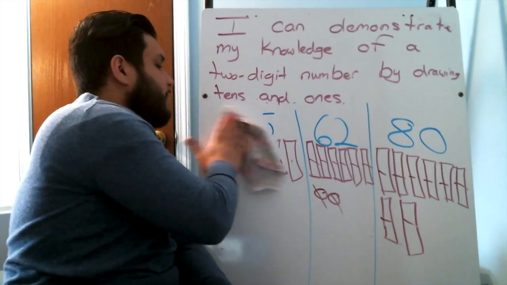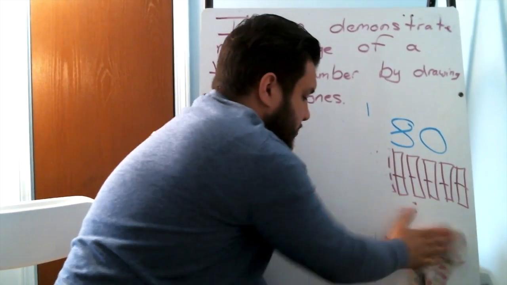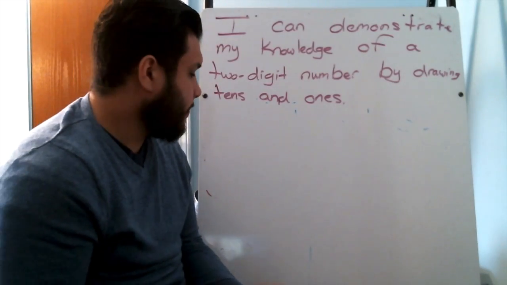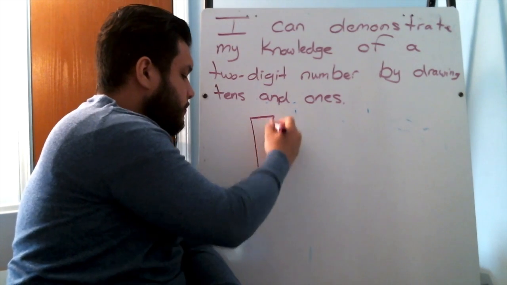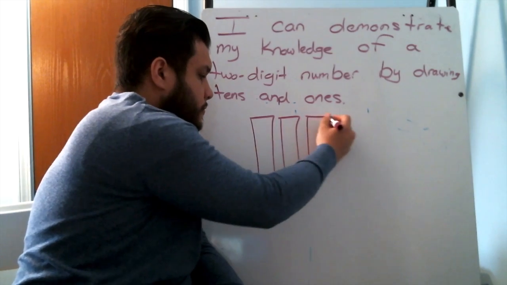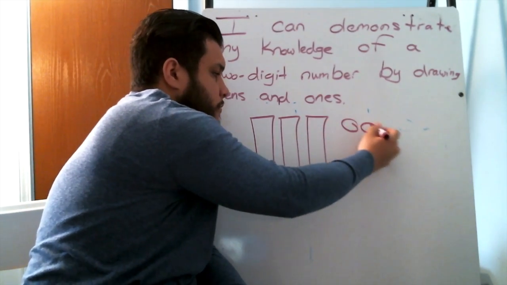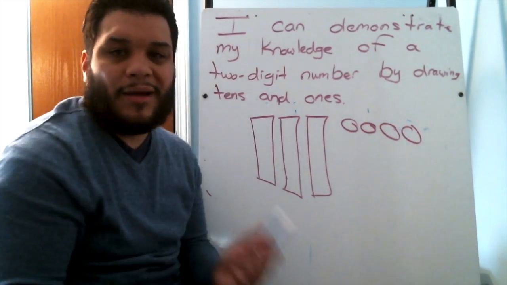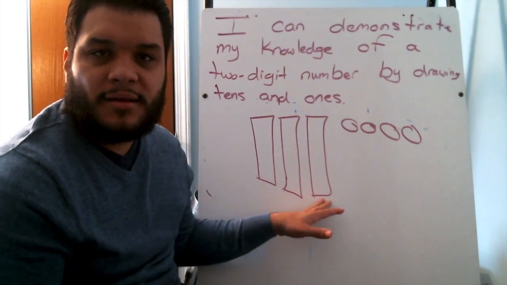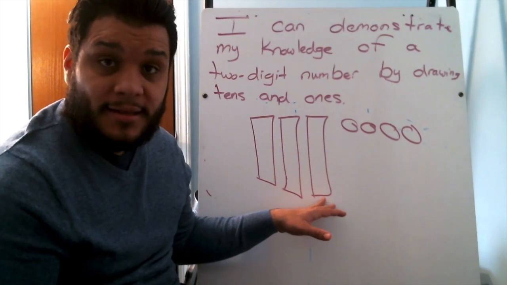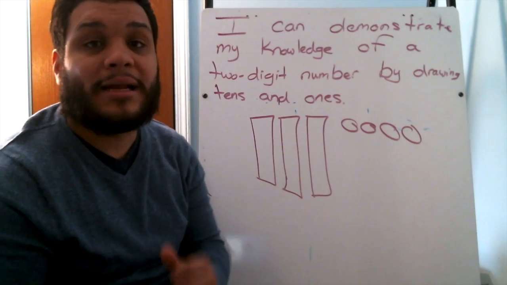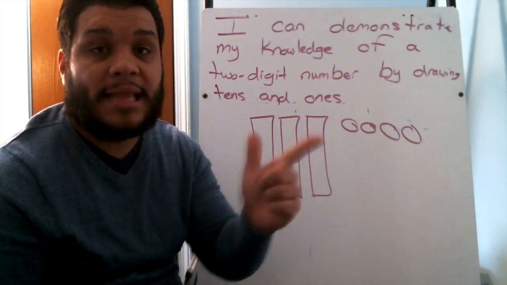What if you see something like this? Can we identify what 2-digit number this is? We can? Okay, whenever I see a picture like this, I want to count my tens first and then my ones.